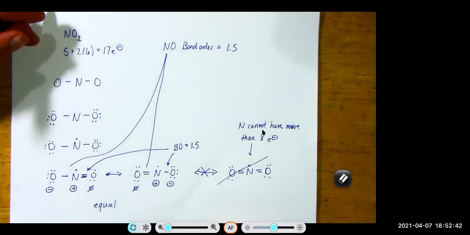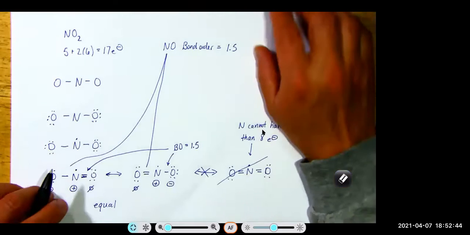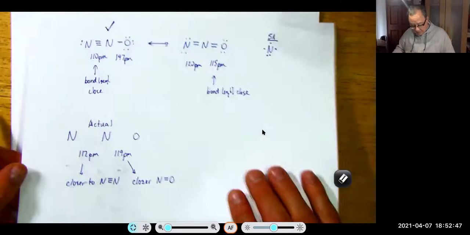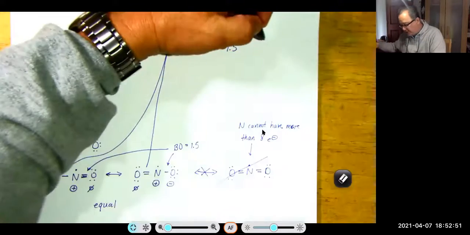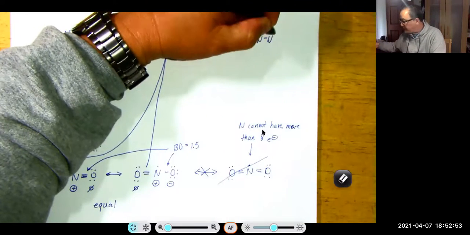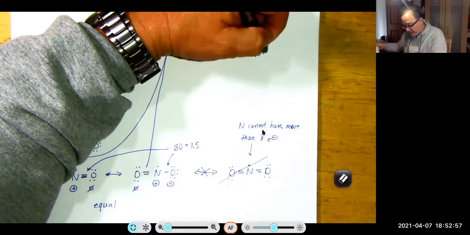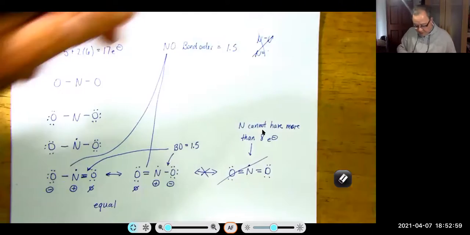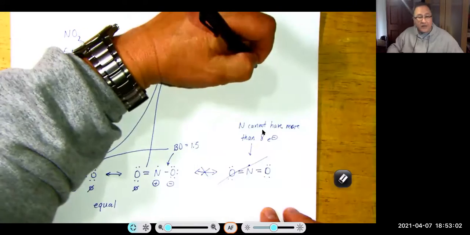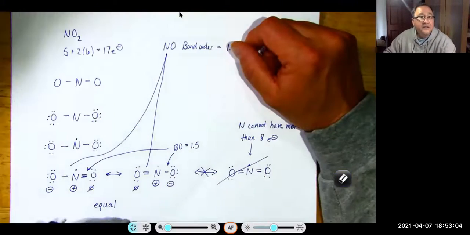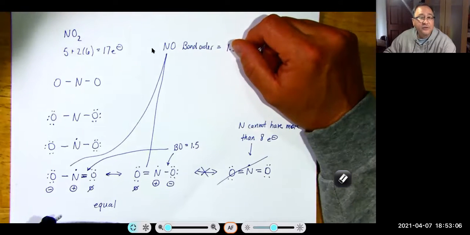Okay. Now, do you remember those numbers we had from before? Those numbers were for a nitrogen nitrogen single bond and a nitrogen nitrogen double. Oh, actually, we don't want nitrogen nitrogen, we want nitrogen oxygen. If we look at the lab, I'm going to do a new share.